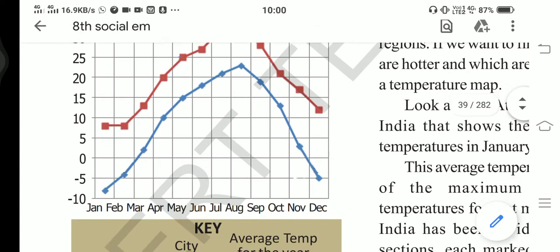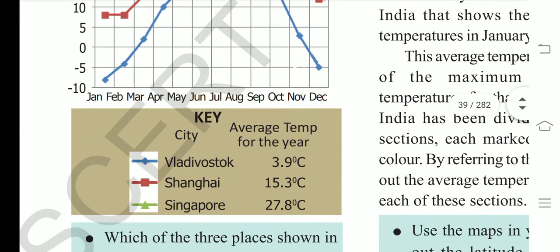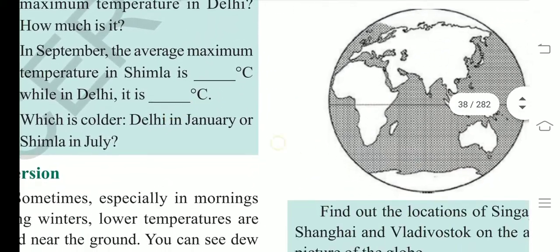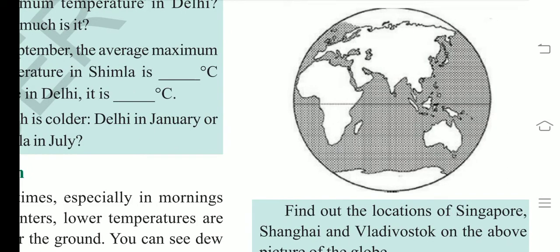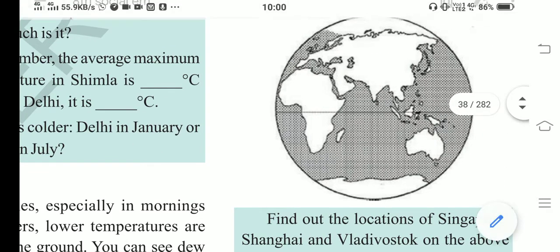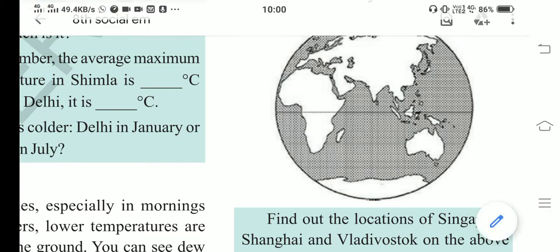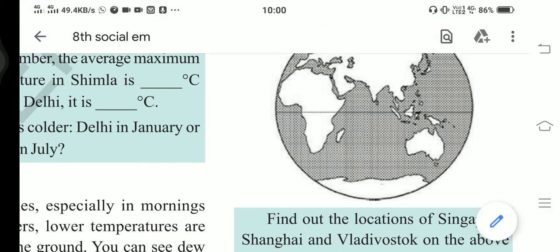And further, you see that Vladivostok, this is in Russia. Dear students, I'll show those three places roughly. Just see the dot. Here we will find Russia. There, Vladivostok is there. This is China.